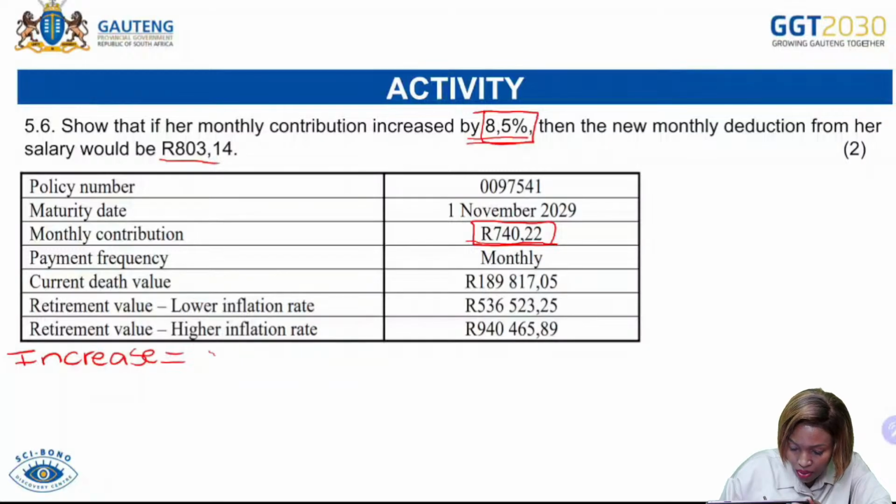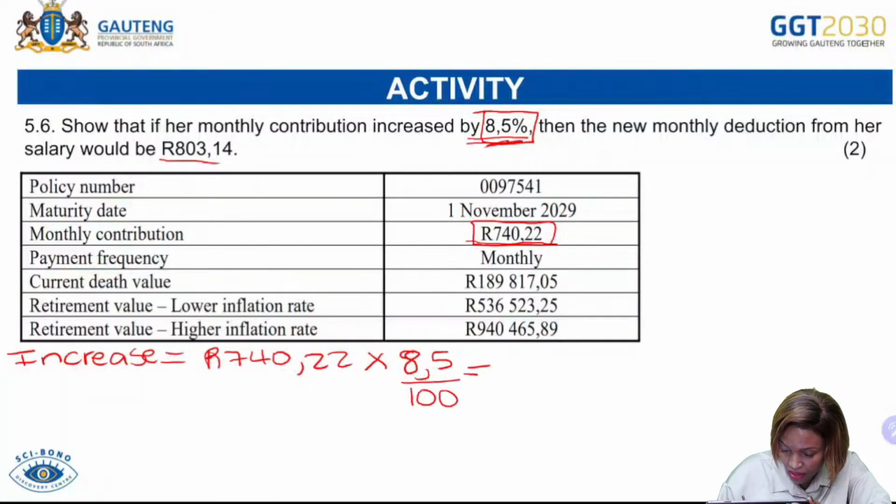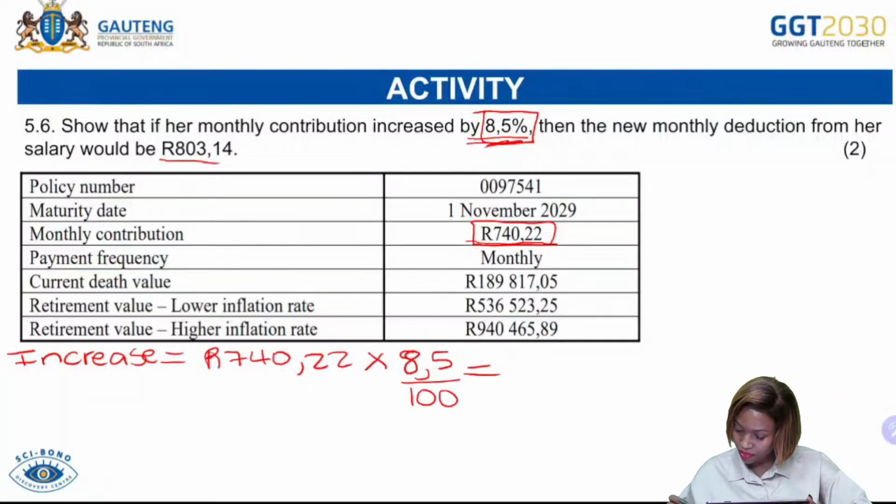For the increase, we'll take the 740 Rand and 22 cents, times it by the percentage increase, which is 8.5%. Can I say 8.5 over 100? This is equal to 740.22 multiplied by 8.5% divided by 100.